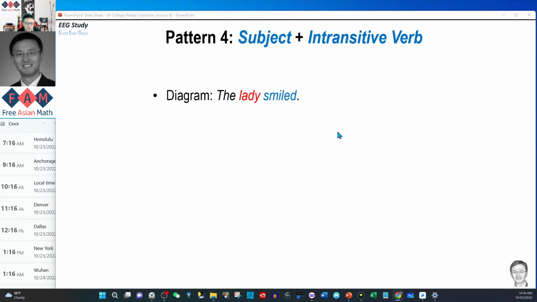Of course, with lady, we have an article here, which is a modifier, but essentially, this sentence only has two words. Lady smiled. So, if we want, we can have some exemplary sentences that truly only have two words, like birds sing, right?